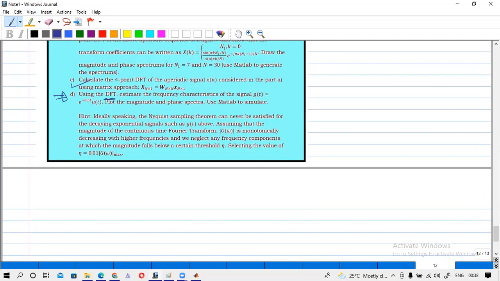See the DFT. Here we are given a continuous function, and this is also u(t).